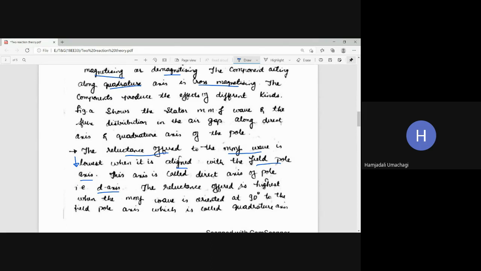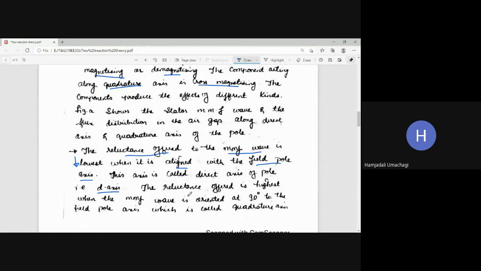Okay, let us see here. The reluctance offered is highest when the MMF wave is oriented at 90 degrees to the pole axis, that is, 90 degrees to the field pole axis, the D axis or direct axis. With respect to that, if it is 90 degrees, then it is the quadrature axis. So there the MMF wave has maximum reluctance.